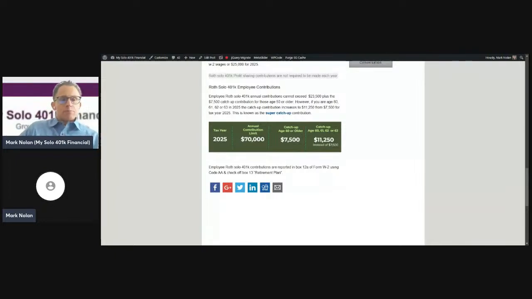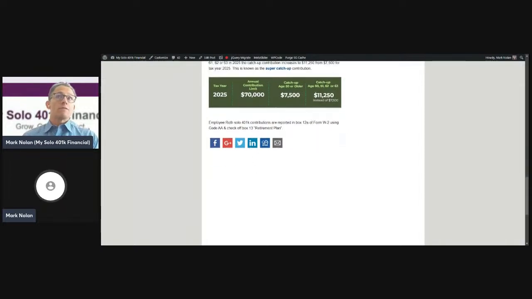So the catch-up contributions, Roth solo 401k catch-up contributions, can never be made as an employer Roth contribution. They're always treated as employee Roth solo 401k contributions.